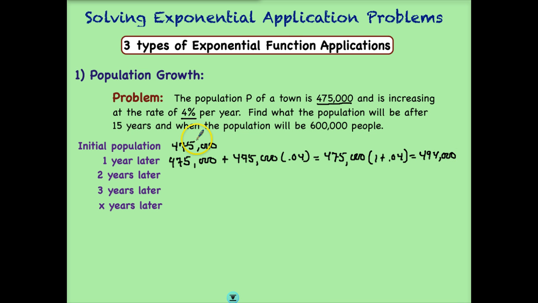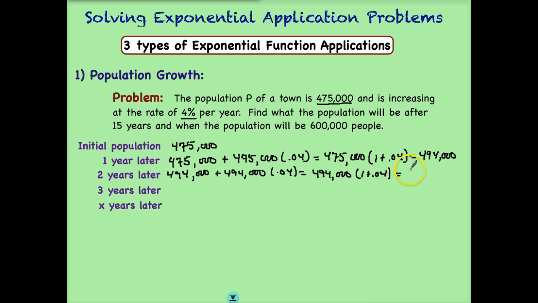Let's move on to year 2. Now, at the start of year 2, we have a population of 494,000 people, which we know we're also going to grow by 4% that year. And simplifying this, we can say that this is the same thing as 494,000 times 100% of what we have plus a 4% growth.